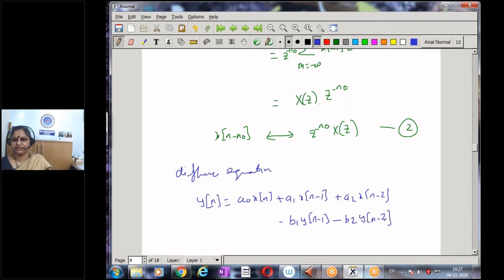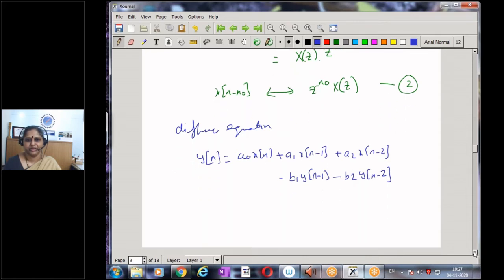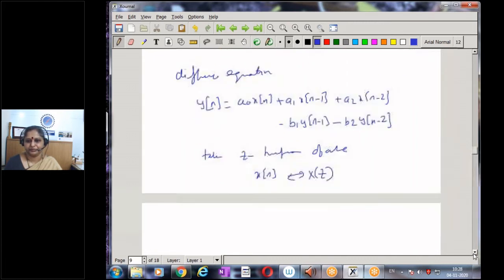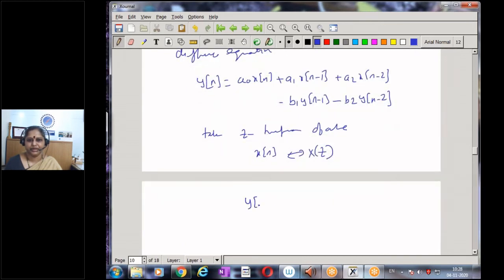Let me consider a second order system, and depending on the actual order, we may have additional terms in a given discrete time system. So now let us take the Z transform of the above, under the assumption that x of n has a Z transform X of z, and y of n has a Z transform Y of z.